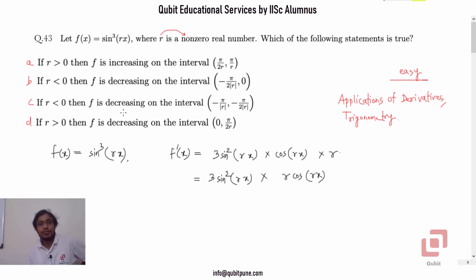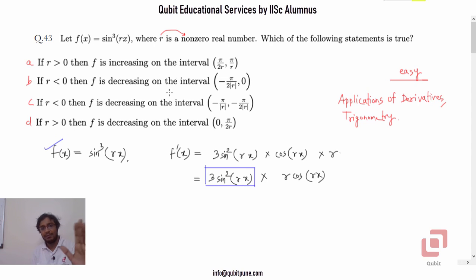Alright. So what we will do is we'll first find the derivative of the function sine cubed rx by chain rule, which will be 3 sine squared rx, derivative of the outermost function, into cos rx, derivative of the intermediate function, into r, the derivative of the innermost function. Now let's consider the terms which are never negative, 3 sine squared rx. So this is not what we will look for.